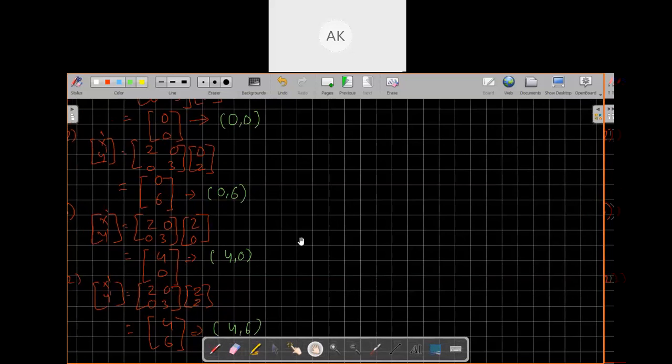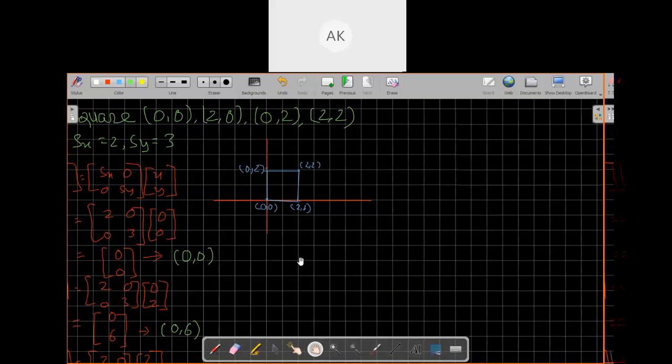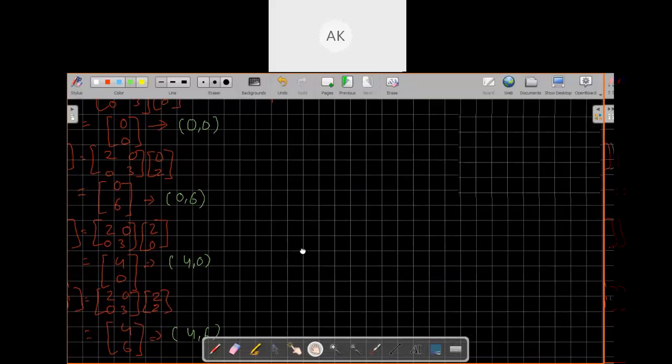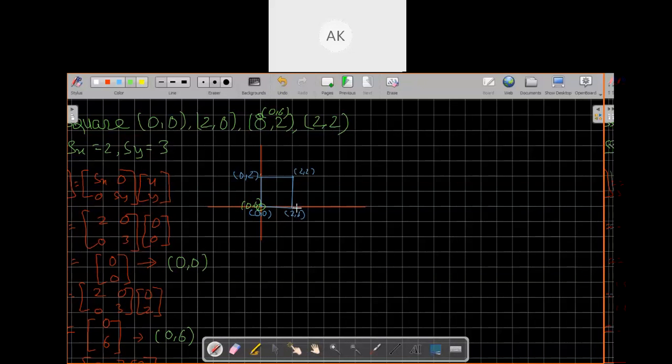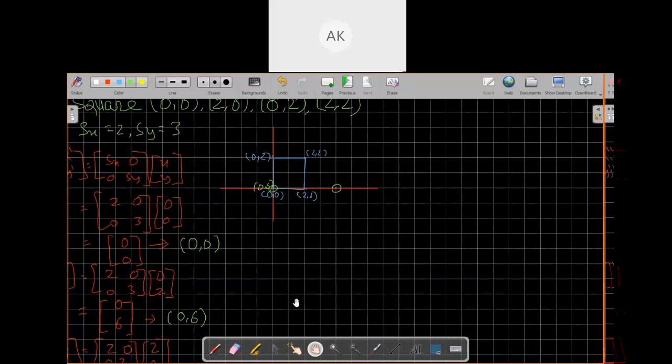Let's calculate for the next coordinate, 2 2. x dash y dash equals 2 0 0 3 scaling parameters into our current point 2 2. 2 into 2 is 4 plus 2 into 0, so 4; 0 into 2 plus 3 into 2 is 6. So our scaled point is 4 6.